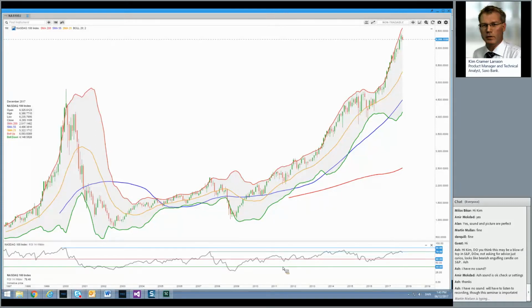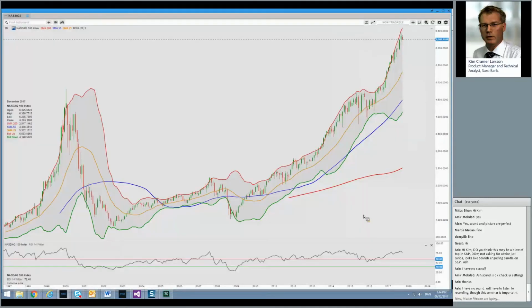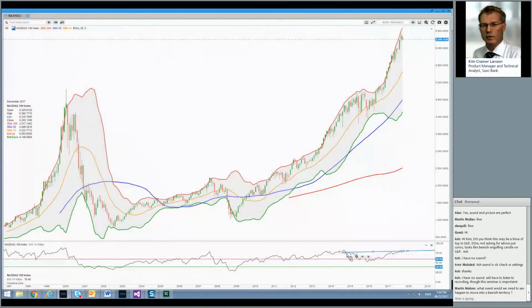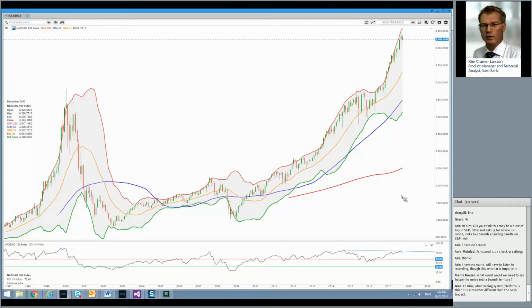What is also interesting, if I remove these again, we do have some divergence here. Oops, I just didn't draw it correctly. Right, you can see the peaks here on RSI are falling. This one is lower than this one, but we saw higher peaks on the actual price graph, and that is a warning sign.